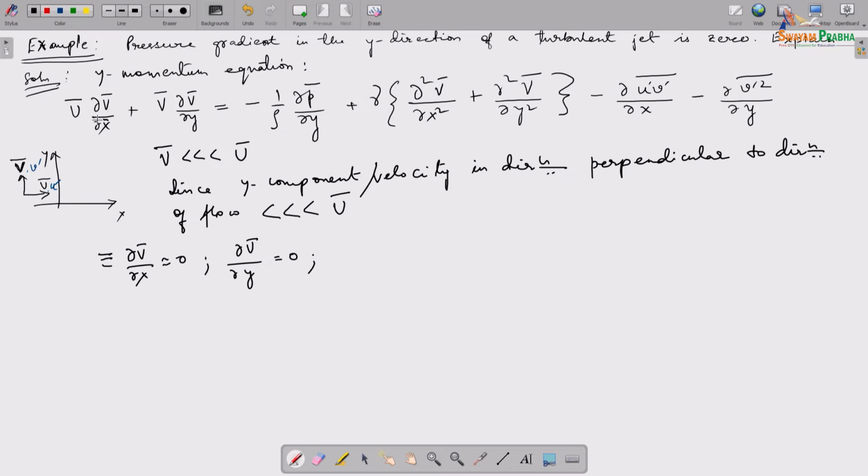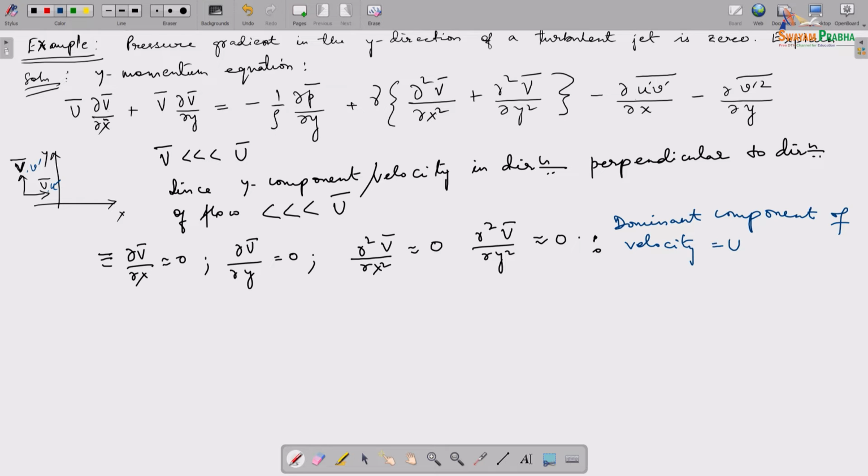Okay, so the dominant component of velocity is this u mean, which is in the x direction, right, and v is the y component, the direction perpendicular to the direction of flow, and this v component is really very small compared to u, right.